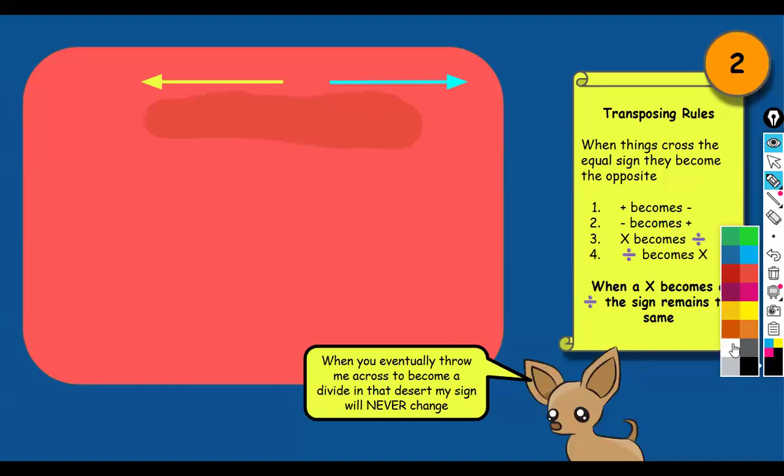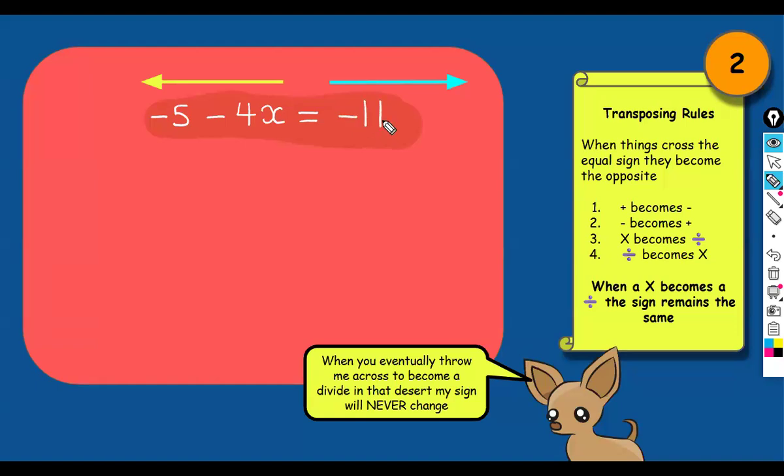Recolor. All right, so I'm going to put the equal sign here. I'm going to put -5. I'm going to use -5 minus 4x is -11. Try that question.